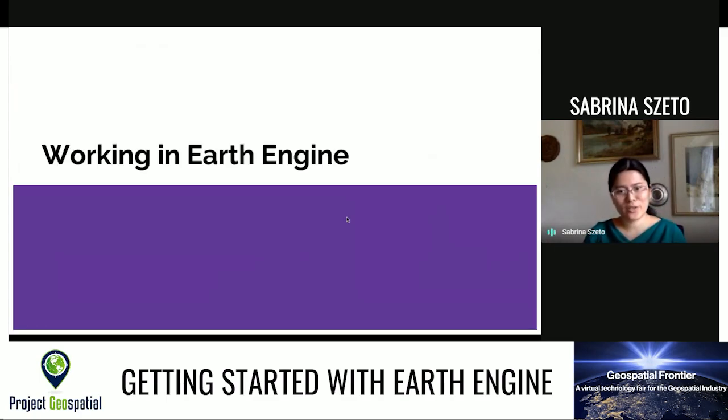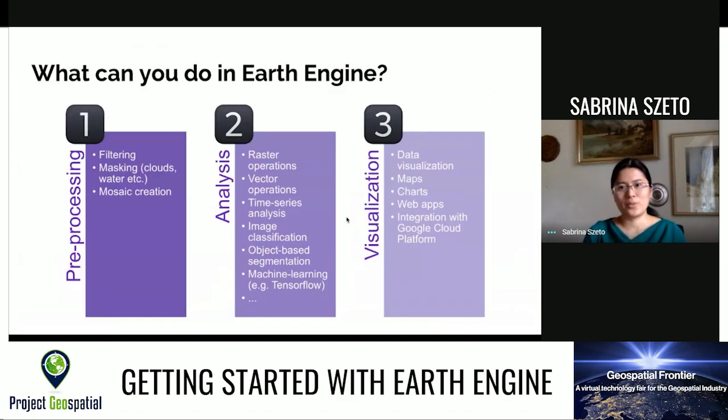So now that we've covered some technical basics about the data models and the map and reduce paradigm, let's take a closer look at what it's like working in Earth Engine. The great thing about this geospatial platform is that you can do everything from pre-processing, analysis, and visualization, all in the same place. Obviously, there are always pros and cons for using different tools.